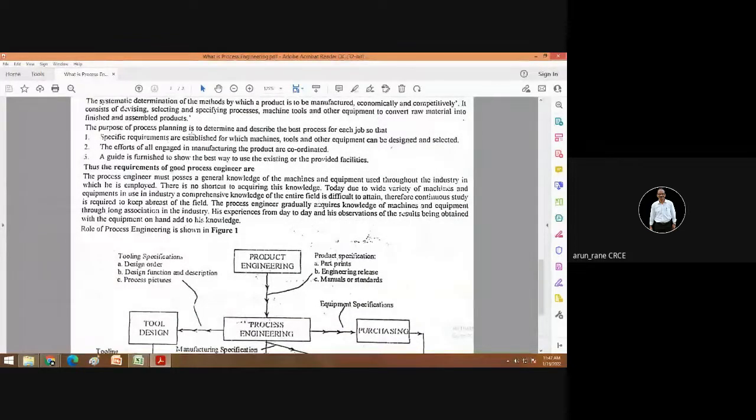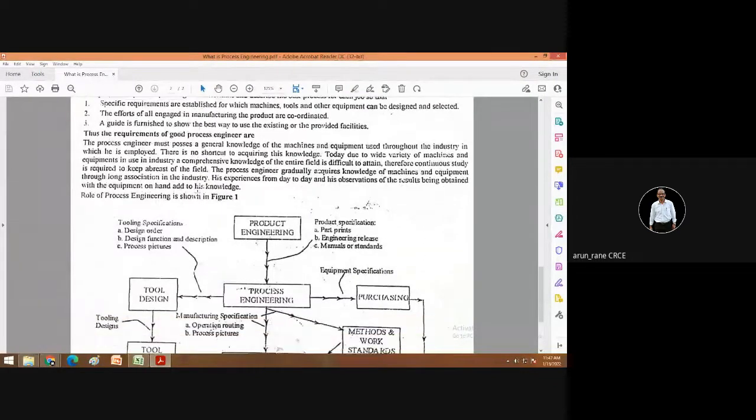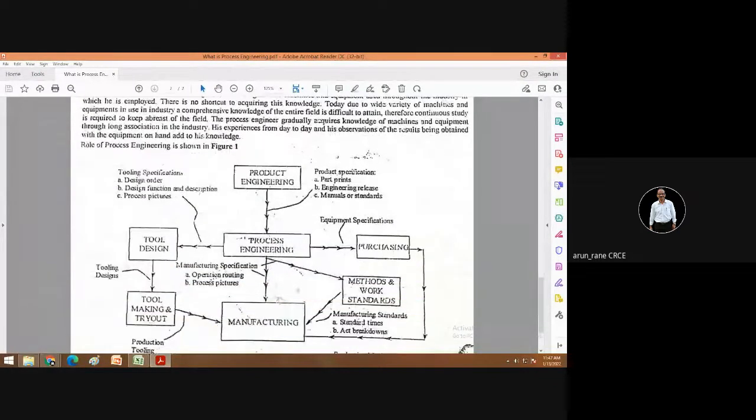So the process planner or process engineer describes the best process for each job, so that specific requirements are established for which machine tools and other equipment are designed and selected. So it is self-explanatory.